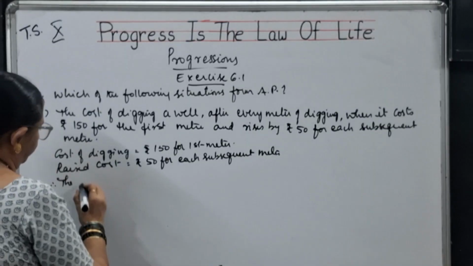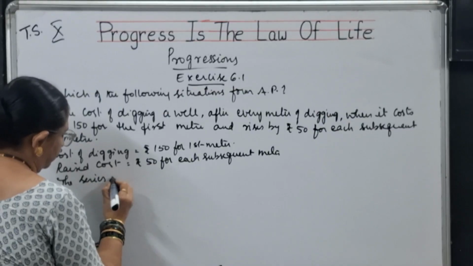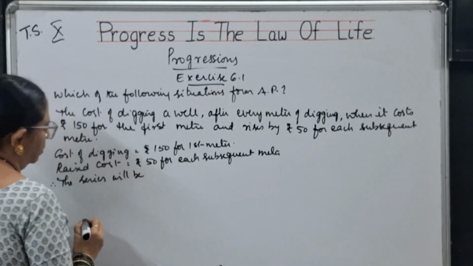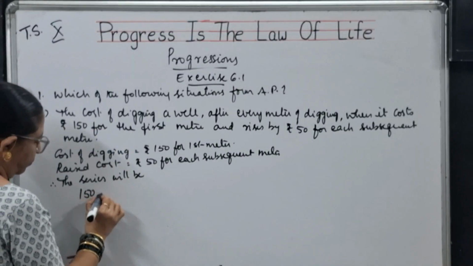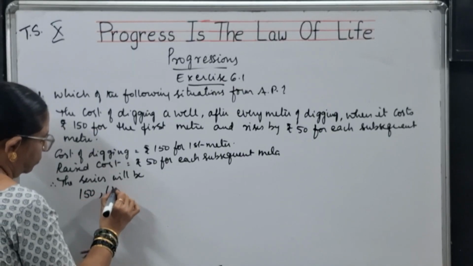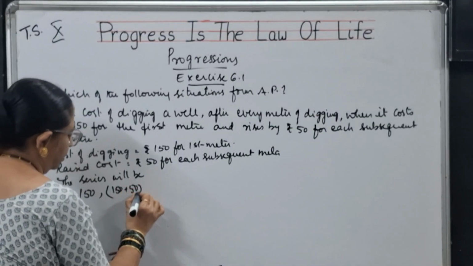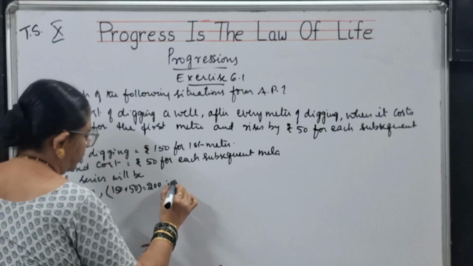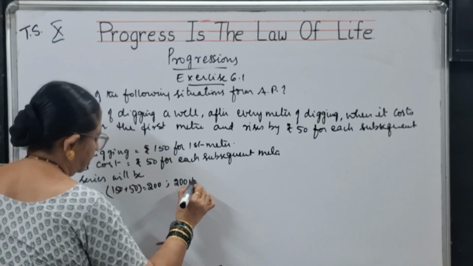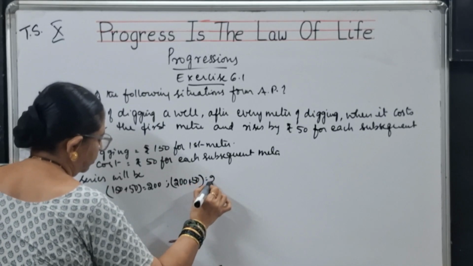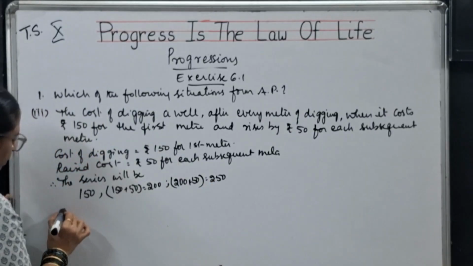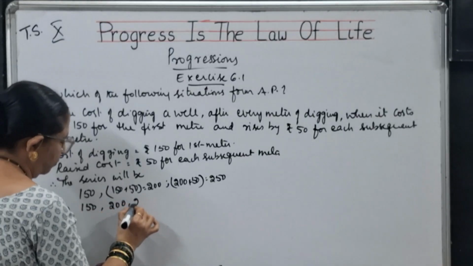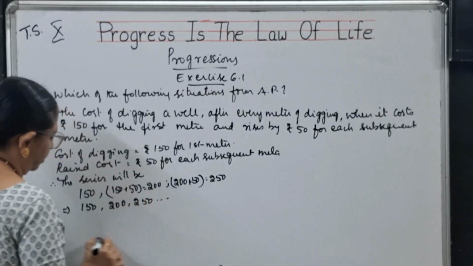So the series will be: first one 150, next one 150 plus 50, that is equal to 200, and third one 200 plus 50, that is equal to 250. What does this imply? 150, 200, 250, and so on.